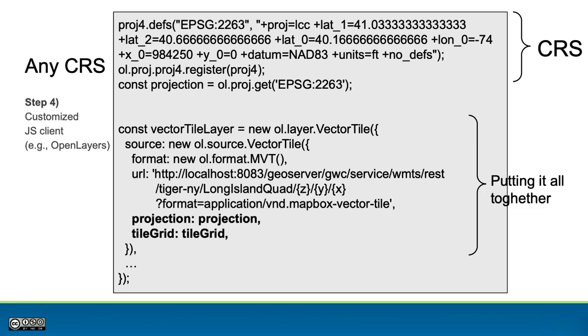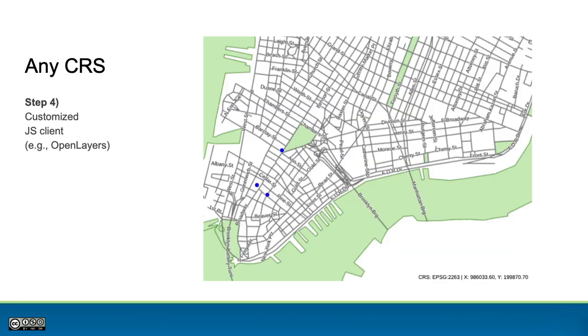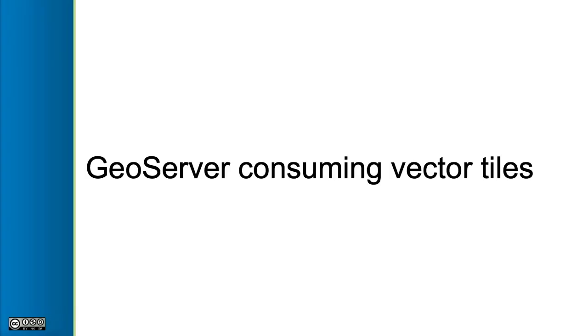So you can see how it uses the tile grid and the projection from the previous page in a new vector tiles layer. And here's what that looks like. So this is a little recipe you can follow in order to take the content from GeoServer and use vector tiles in other coordinate reference systems.